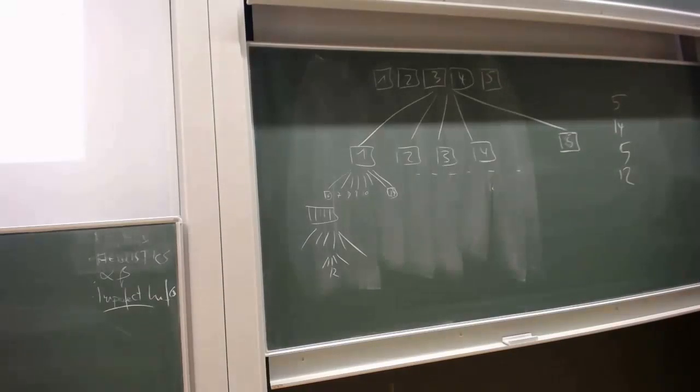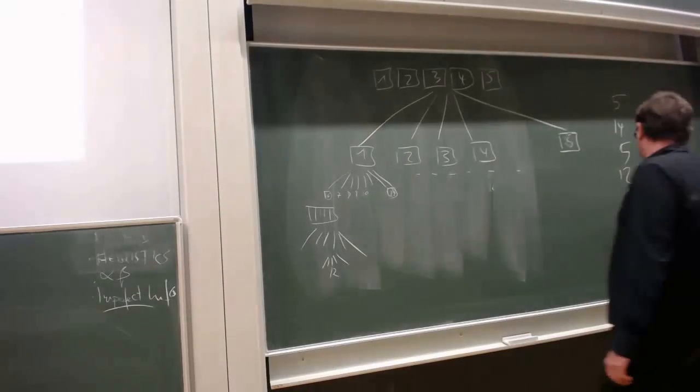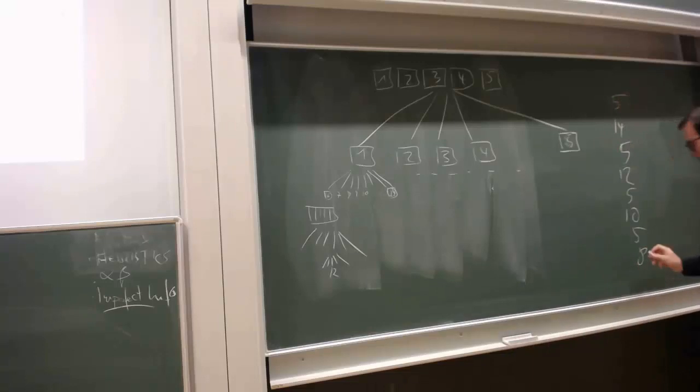So I have 5, 10, 5, 8. And we play 5. So this is a trick, this is a trick, this is a trick, and this is a trick. 1, 2, 3, 4.